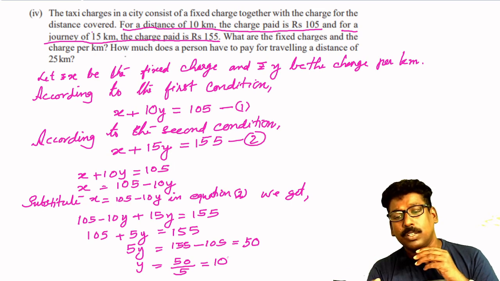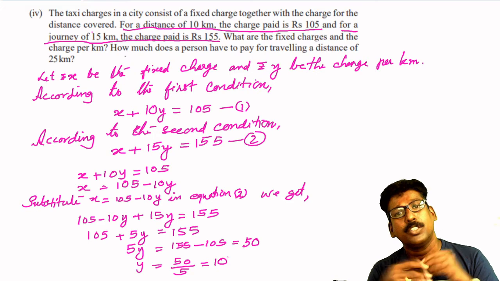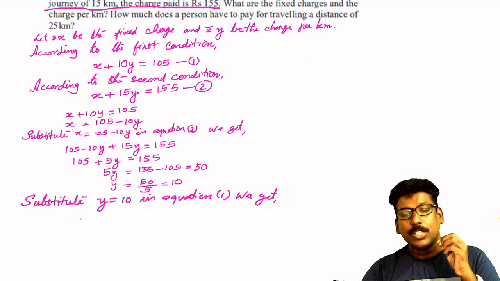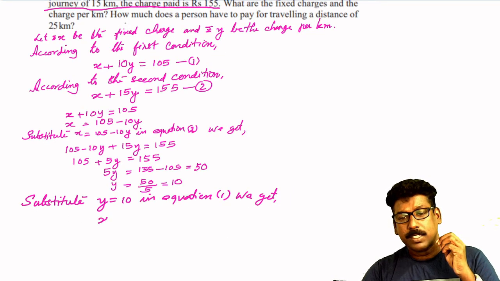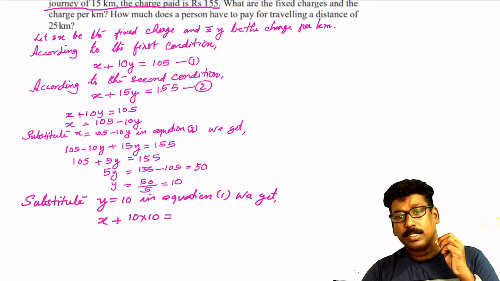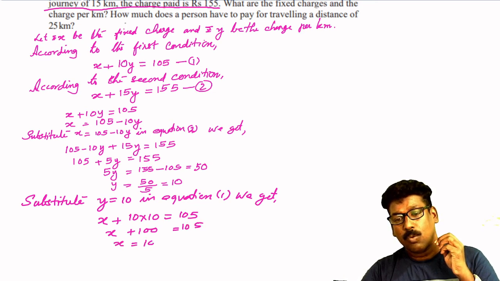Now substitute y is equal to 10 in equation 1. You will get the value of x. Equation 1 is x plus 10y, means 10 into 10, is equal to 105. That is x plus 100 is equal to 105. x is equal to 105 minus 100, which is equal to 5.